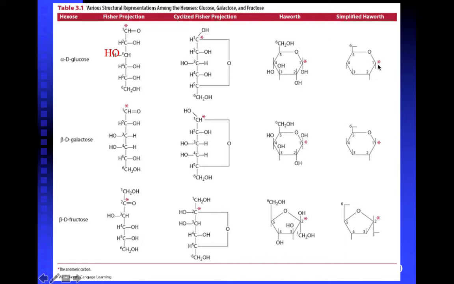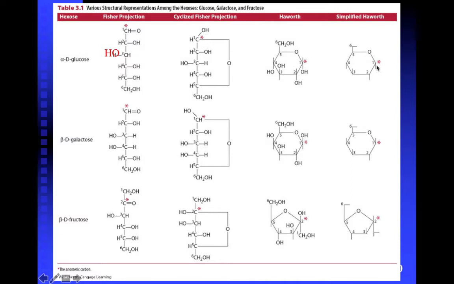Now, the hydroxyl group on carbon number 1 in the cyclic structure for glucose can either be up or down. Just remember that. If the hydroxyl group is down in the cyclic structure on carbon number 1, down equals alpha. So this would be an example of alpha D-glucose.